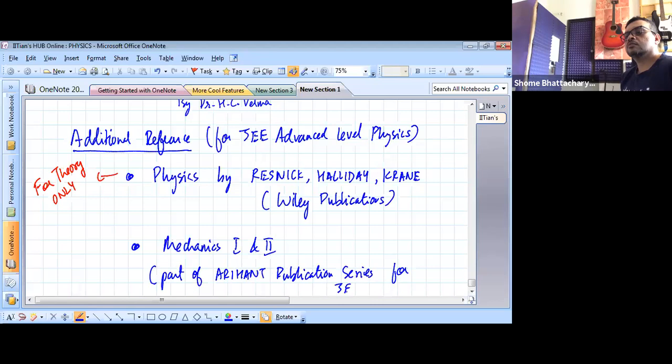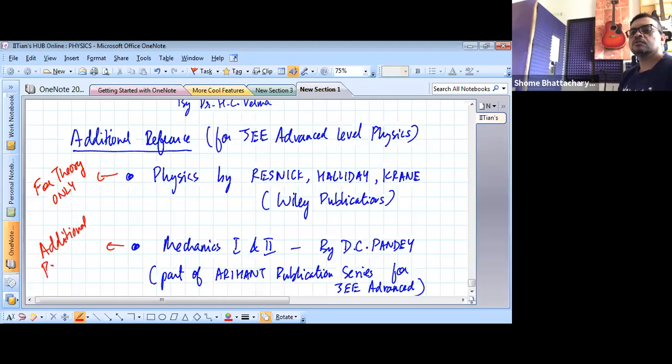For JEE Advanced, by DC Pandey. So this is for additional practice problems only, not for theory.